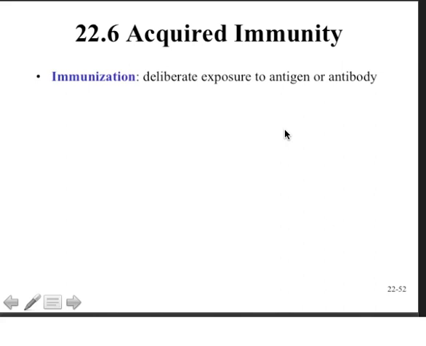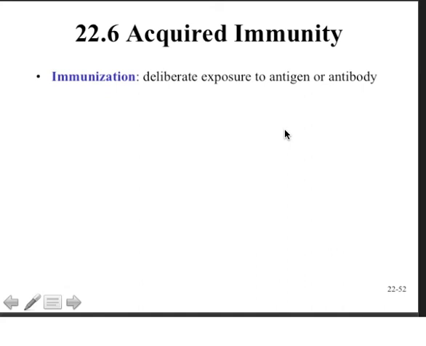And then we have active immunity, where we actually produce the B and T cells capable of fighting the pathogen in our own immune system. And this is actually a more long-term and more efficient way of protecting us against disease, because this is the type of immunity that will stay with you your entire life.